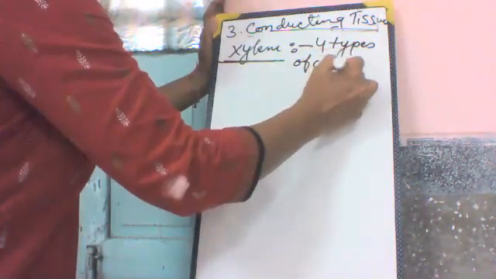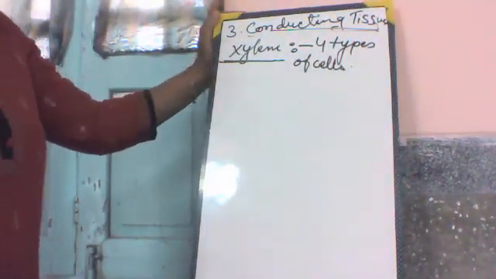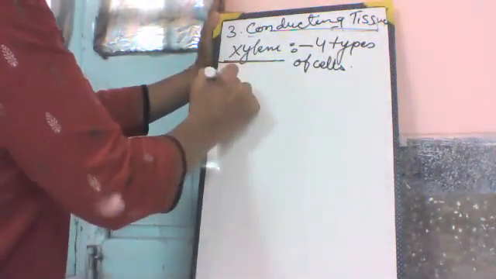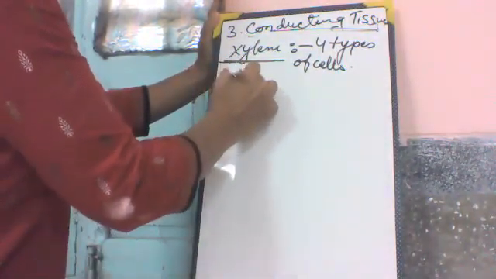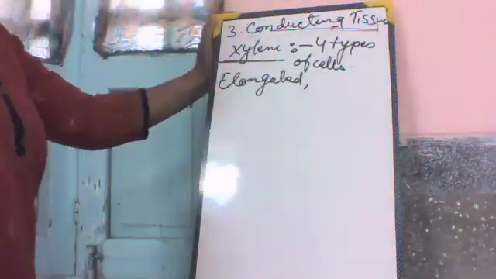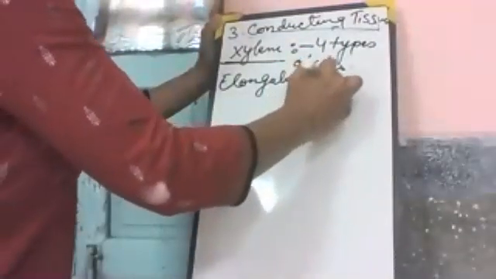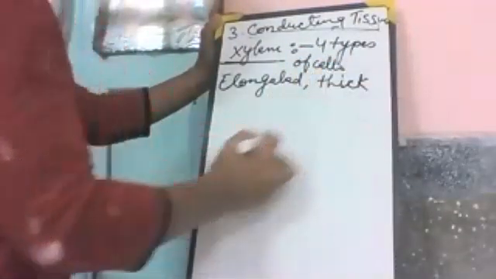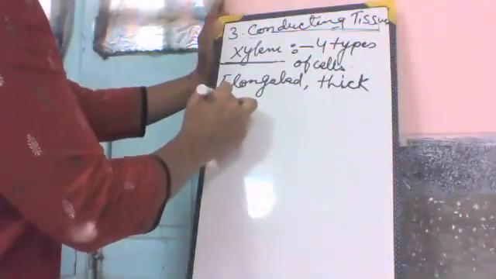They perform their own different work. The cells of xylem are elongated, which means long in form. They are elongated, having thick cell walls.